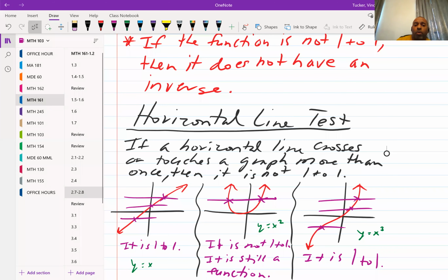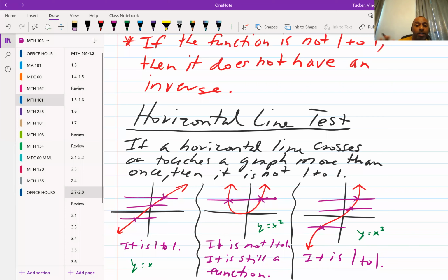So once again, if a horizontal line crosses the graph more than once, then it is not one-to-one. So if we look at our generic straight line linear equation, notice how a horizontal line only touches it once, no matter where it goes. So that is one-to-one. A parabola is not one-to-one. Draw a horizontal line through it. Notice it touches it twice. And so notice I wrote the two statements there.